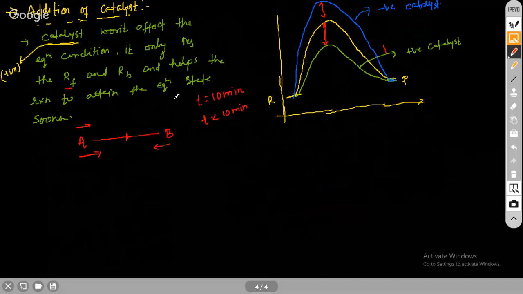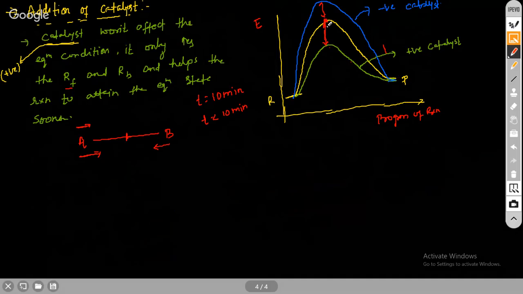Okay, why does it happen? Because the activation energy decreases with positive catalyst. This is the activated complex, and the activated complex forms here with positive catalyst at a lower energy only. This is the energy axis, and this is the progress of reaction. X-axis is the progress of reaction. Y-axis is the energy axis we have.